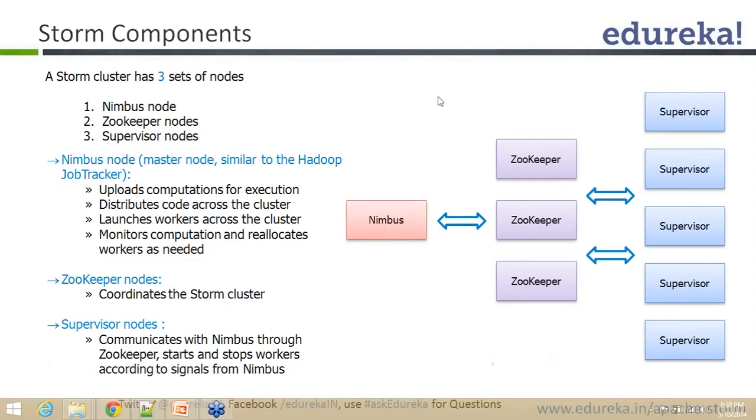A bit of it is written in Python as well, but Storm itself is written in Clojure, C-L-O-J-U-R-E. That's the language. But yes, that becomes a very rare kind of language. That's why we have chosen Java as the medium for all of the projects which we are going to discuss.